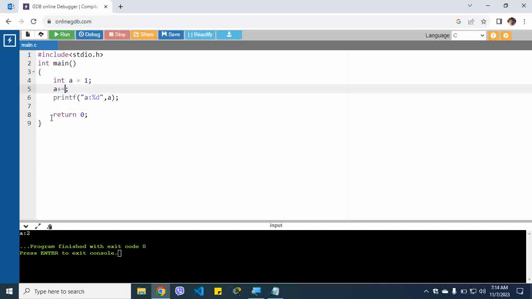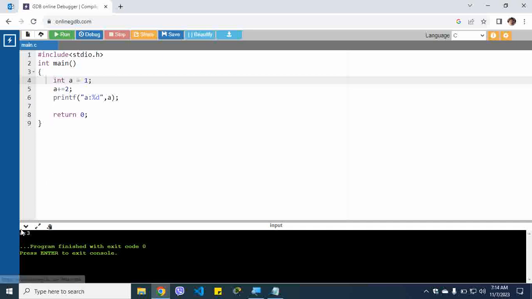A plus equals to 2: A means 1, 1 plus 2, 3, so finally you will get 3. Fine, that is the only difference. The number itself will be operated with that another number, and again returned back to the same variable. Okay, understood? So similarly, multiplication and division work in that way.